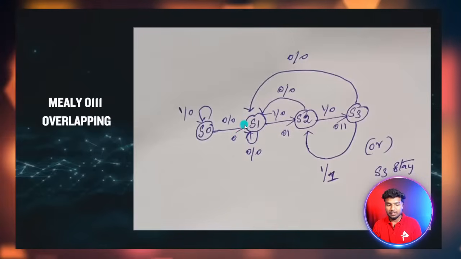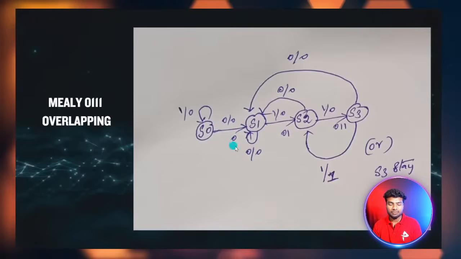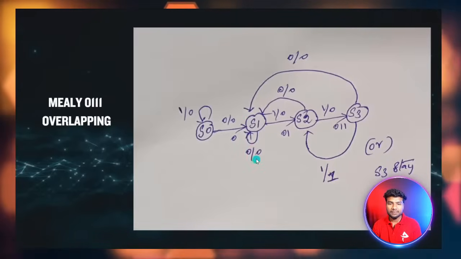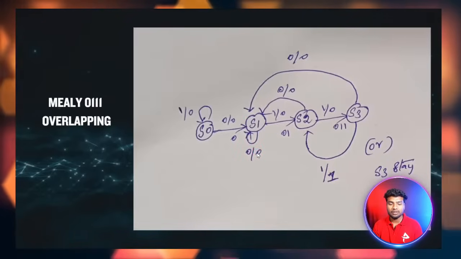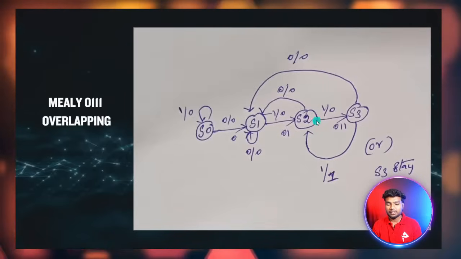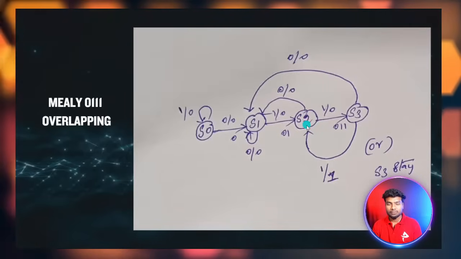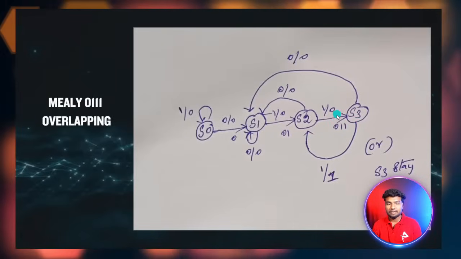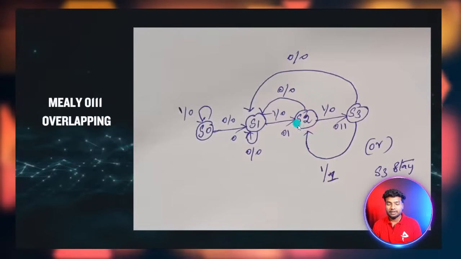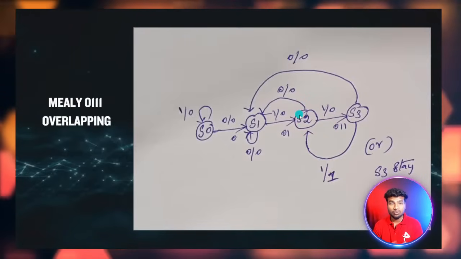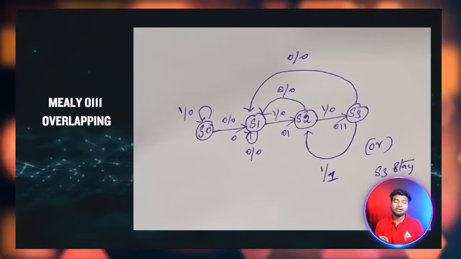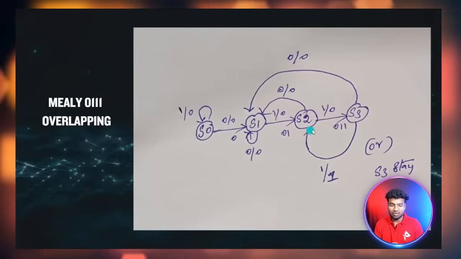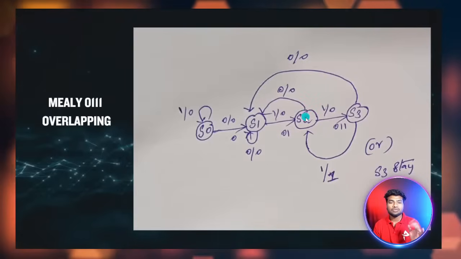Because we already have 0 in the memory element, so I can stay in the same state until I get another input as 1. Then in the S2 state, if the input is 1, I can move into the S3 state. At that time the output is 0. If in the S2 state the input is 0, I lose my sequence, since before the S2 state I have 0 1.